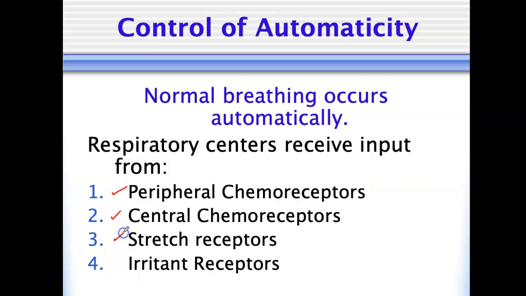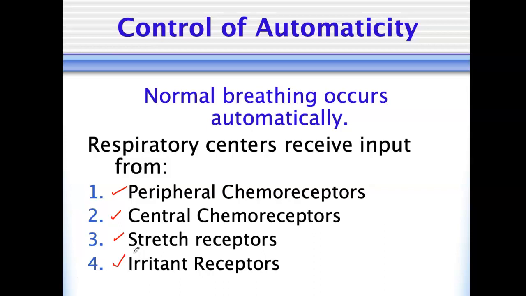So stretch receptors, if you've inflated your lung, it's going to start firing saying, okay, this is inflated, now let's go the other way. And an irritant receptor, can you imagine what that is? It's inhaling some terrible dust that went into your lung and you just automatically start coughing, which is you start moving air out of the lung.